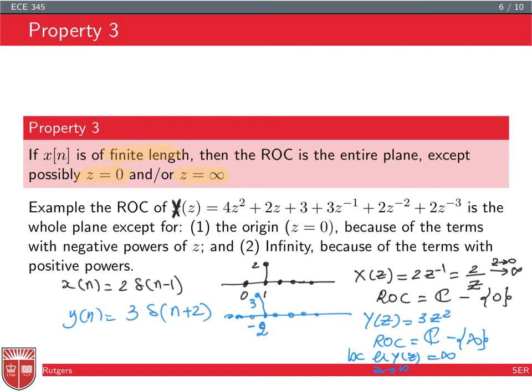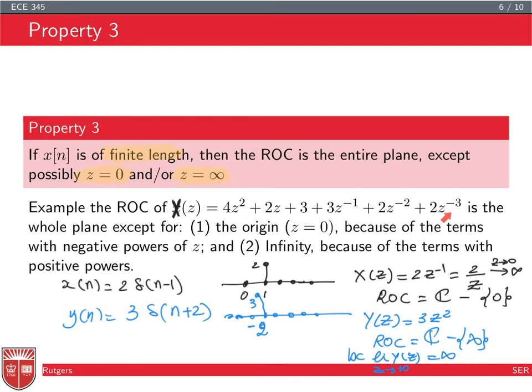Let's suppose we have the z transform of a signal that is 4z^2 plus 2z plus 3 plus 3z^-1 plus 2z^-2 plus 2z^-3. These actual values do not matter, but you can see that this is a double-sided signal, and it's finite length. So it's going to always converge for any value of z except the two problematic values.